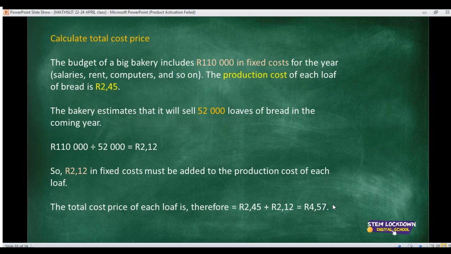You are contributing to paying their rent, their computers, their running costs overall with just that one loaf. It's just a small contribution, but because they've done their calculations, it will eventually cover all their costs. I hope that is clear now to Lisedi and everyone else.